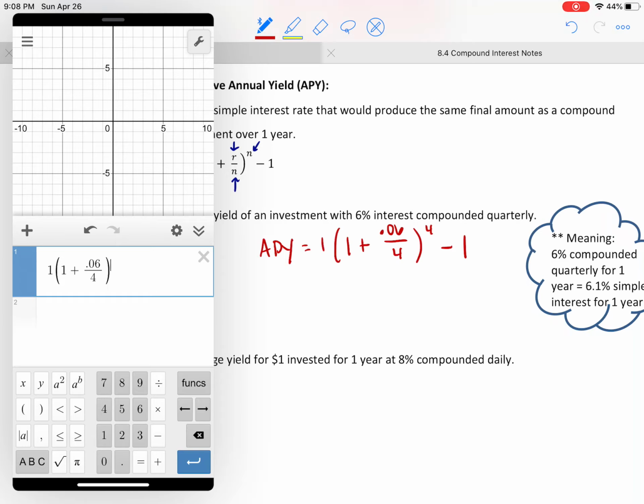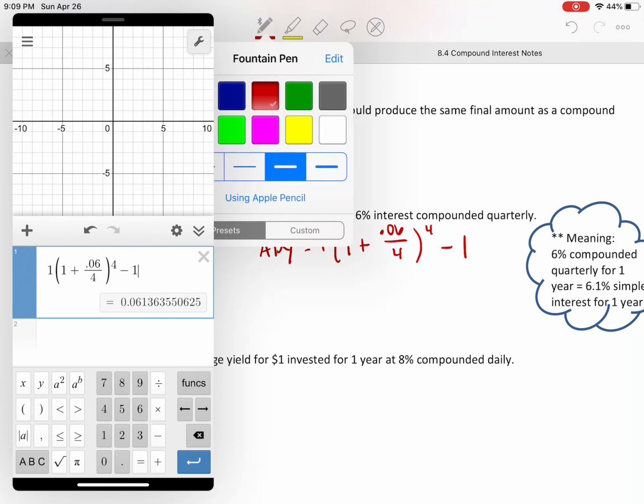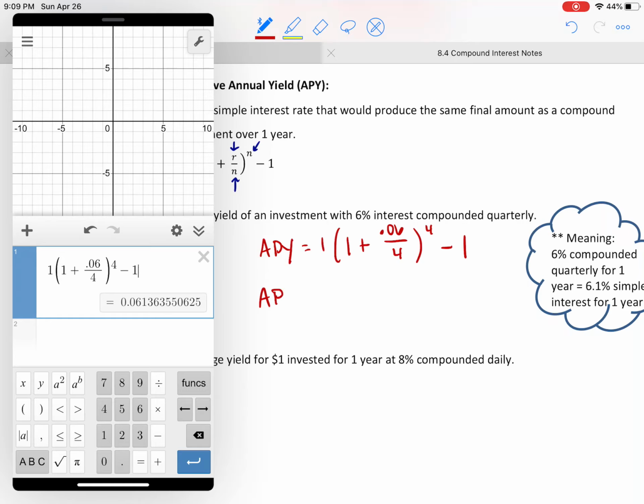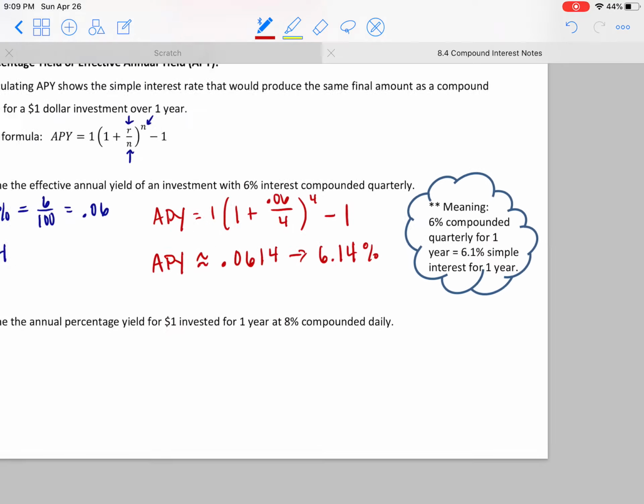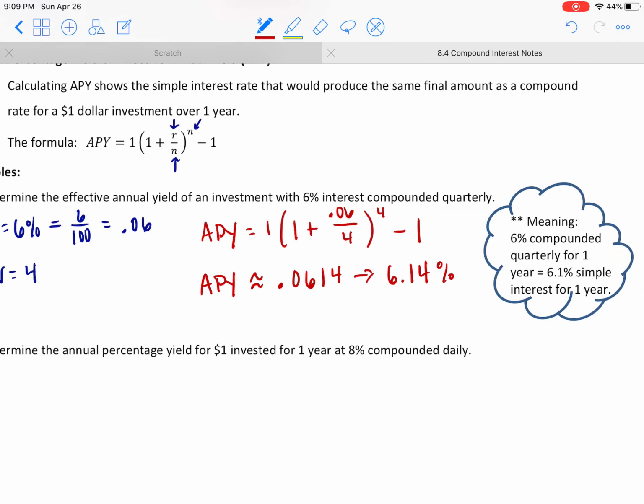So if we plug this into our calculator, we have 1 times 1 plus 0.06 divided by 4, raised to the 4th power, and then we take away 1, and that is, an APY is approximately 0.061. It doesn't really ask where to round.